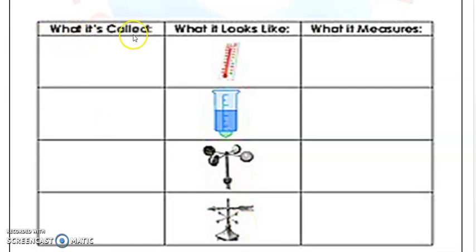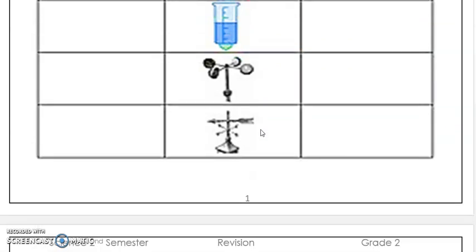What is it called? And then in the third column, you're going to write down what this weather instrument is used to measure. Complete this table. You can copy the same table in your notebook. So this ends our revision number 1.